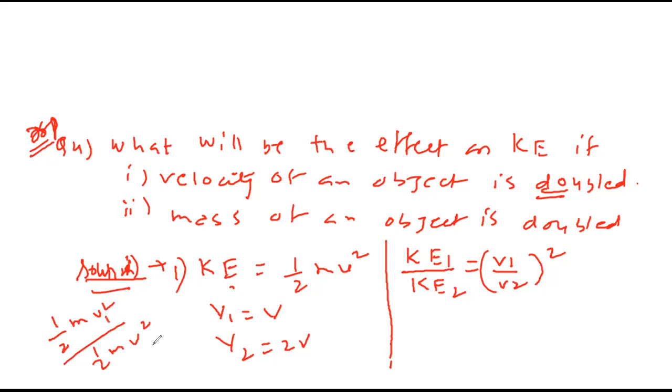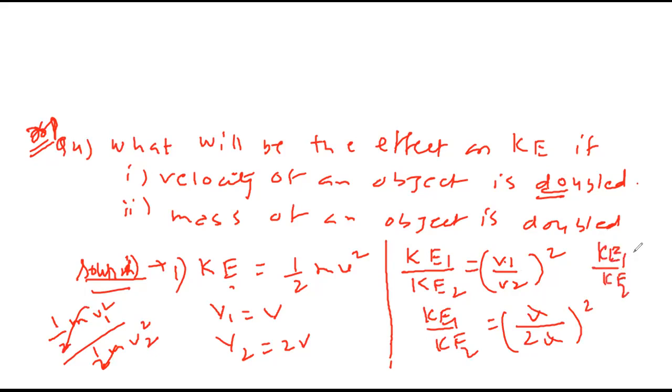Mass is same, half cancels. First V1 is V, V2 is 2V. Square it, so first KE upon second is 1 by 4. So KE2 will become 4 times KE1. So kinetic energy becomes 4 times if velocity is doubled. First question followed.